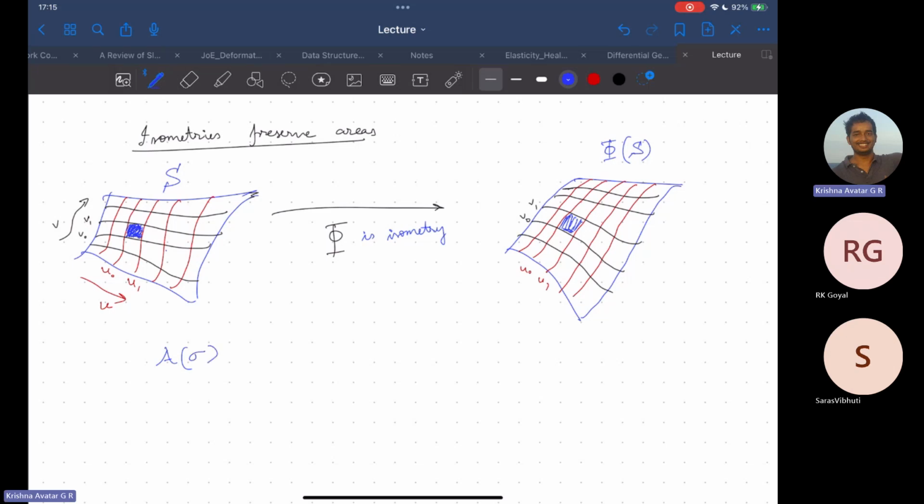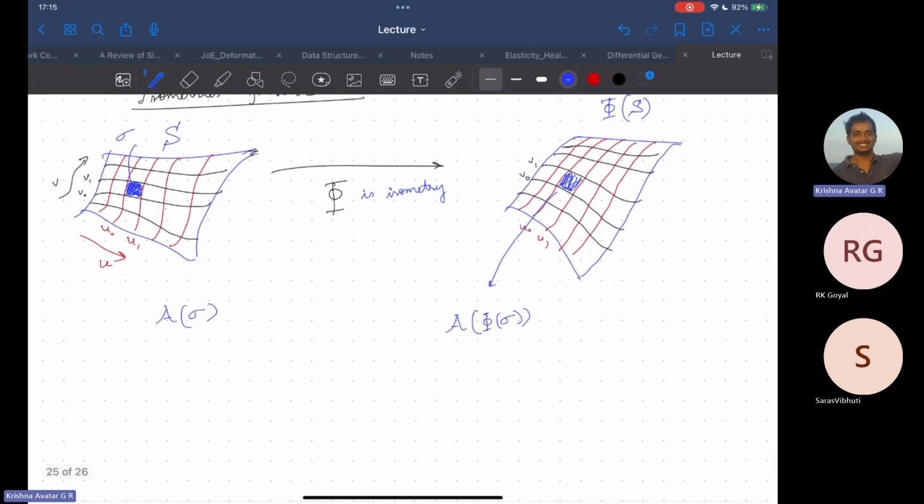This is a sigma patch. And this patch here I'll call phi of sigma. Right? So since phi is an isometry, this implies that the area will also be preserved.